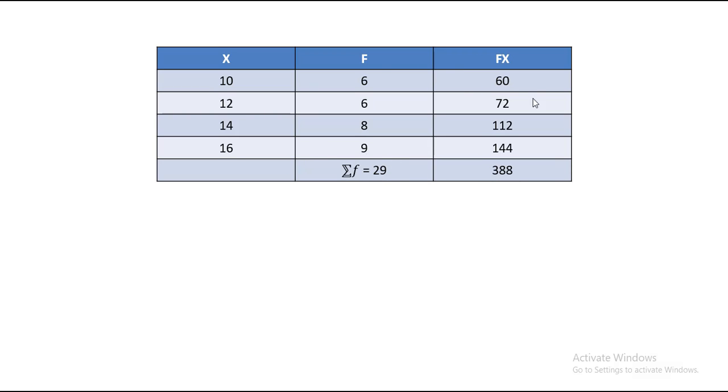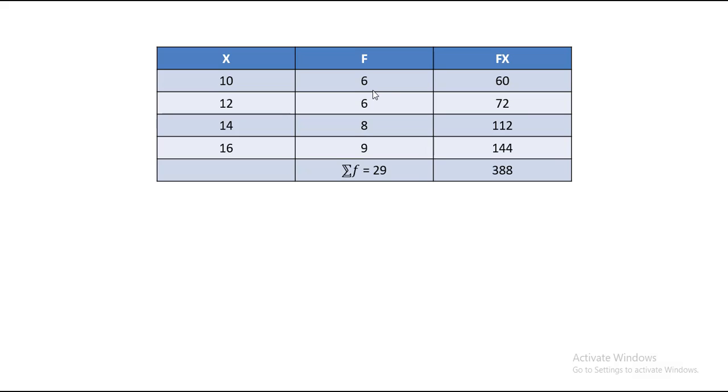Now how do I get this column? The formula for mean for simple frequency distribution is x bar equals summation fx divided by sum of f. The sum of f is here, that is 29. For fx, we're going to multiply these two values. x is my observation and f is the frequency.